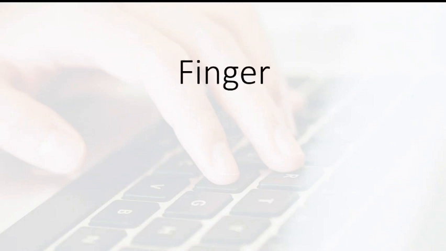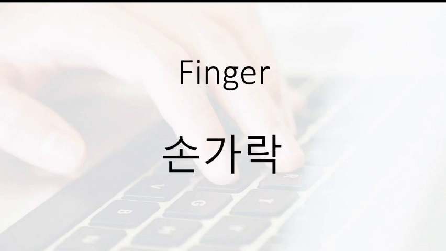Next, the Korean word for finger, that is 손가락. 손가락. Alright, we already know the Korean word for hand is 손 and the Korean word for finger is 손가락. Alright.